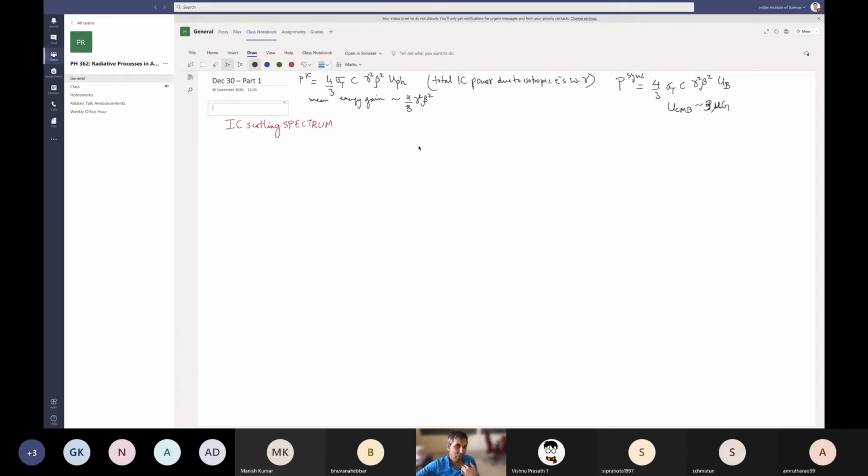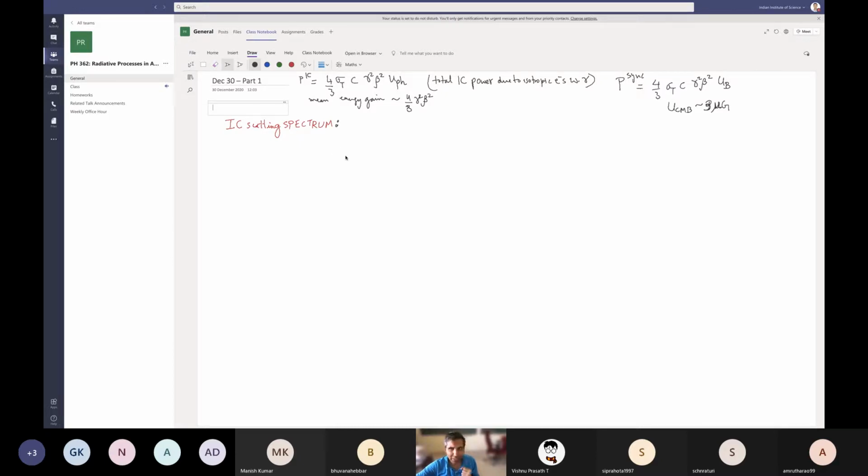Now we'll do the same for inverse Compton scattering, but I shall not derive the form of this expression. It's tedious and involves a lot of working out, and for most of our purposes we really don't need the derivation. What we need is to understand what it actually means. That's what I'm going to focus on. It is motivated in the book, but it's somewhat tedious and I don't want to do it in class.